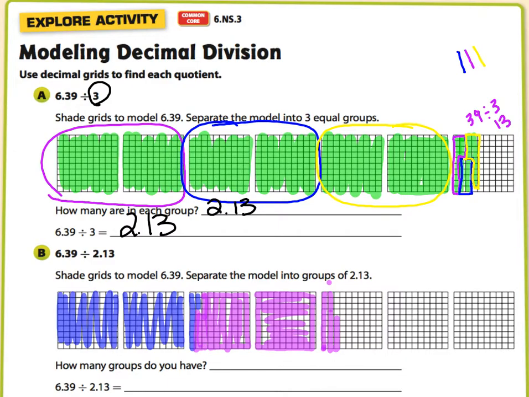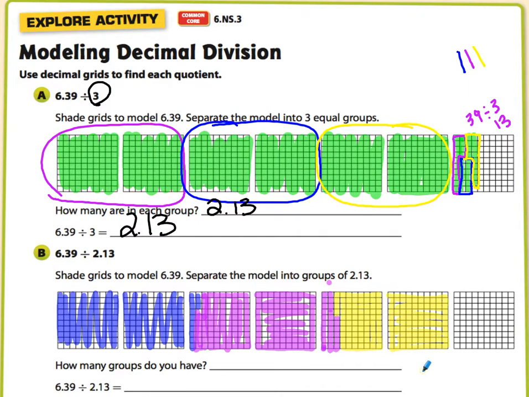Now I'm going to take my yellow. All right, so now here I have 26 colored in, so 100 minus 26. So 100 minus 20 is 80, minus 6 more is 74. So here I have 74 colored in. So now I have 174 colored in.